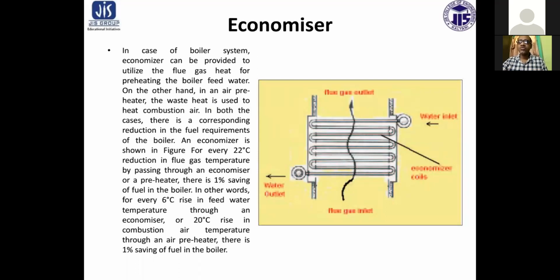called the economizer. The name indicates that it gives us economy, that means economy in fuel savings. An economizer is installed in various industrial processes where feed water needs to be heated.